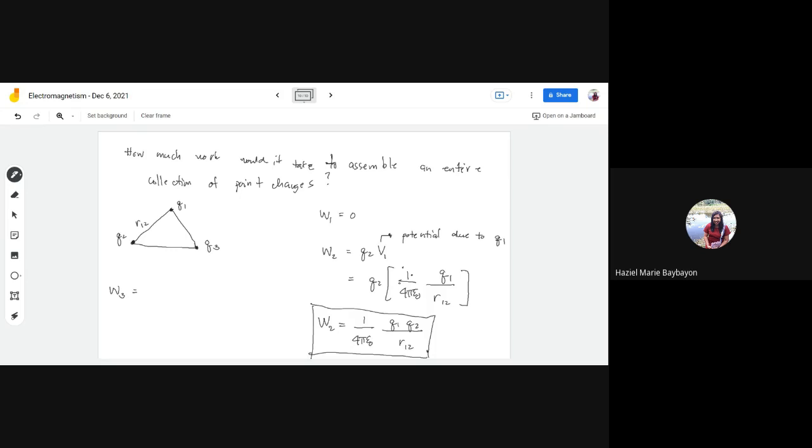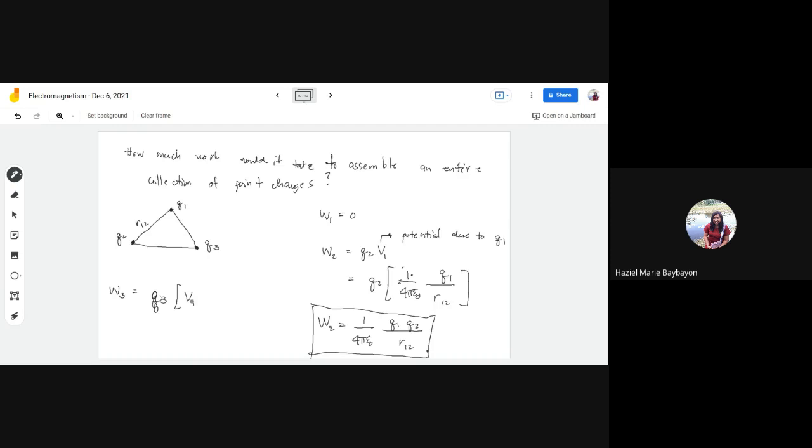We now have two fields, the field due to Q1 and the field due to Q2. So in order to bring Q3 to this location, the work done is equal to Q3 multiplied by V sub 1.